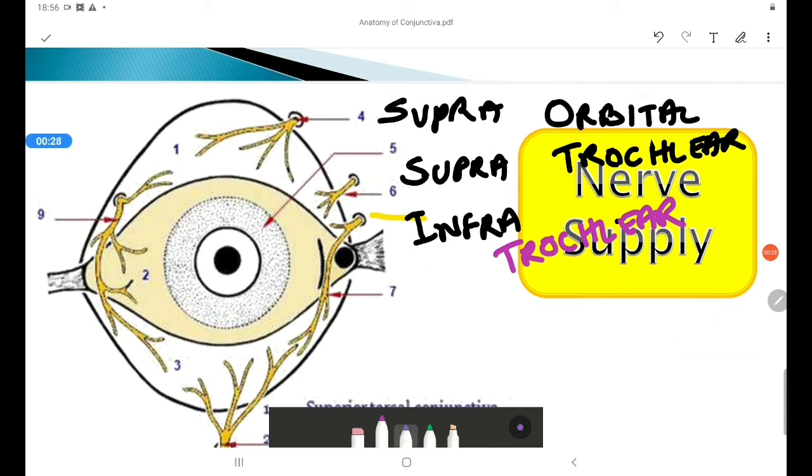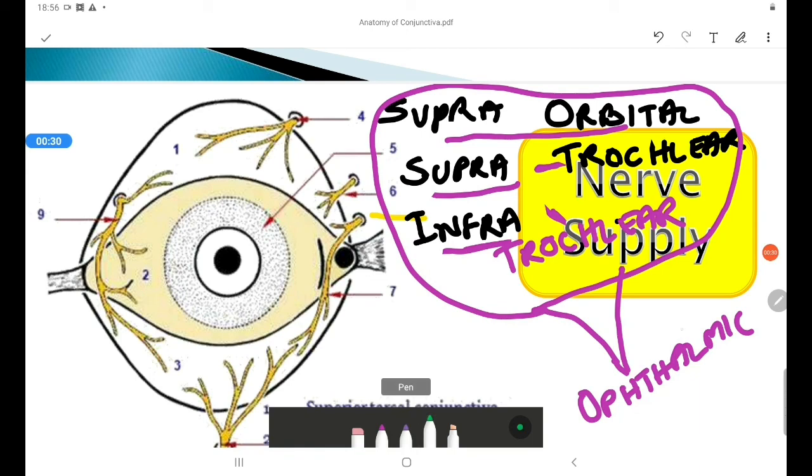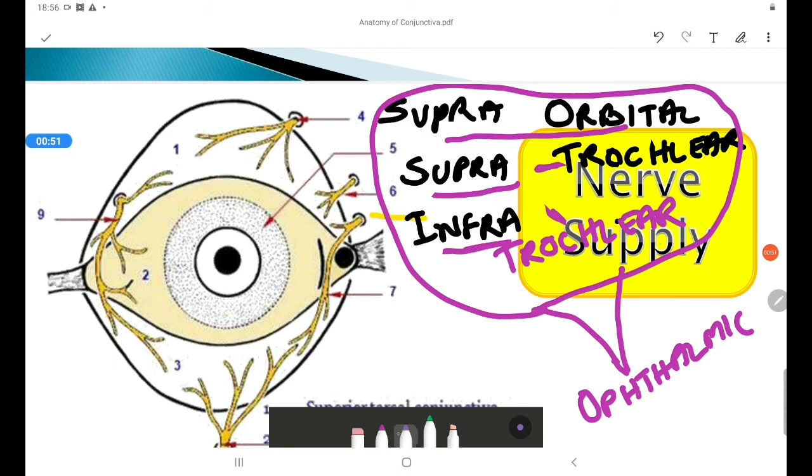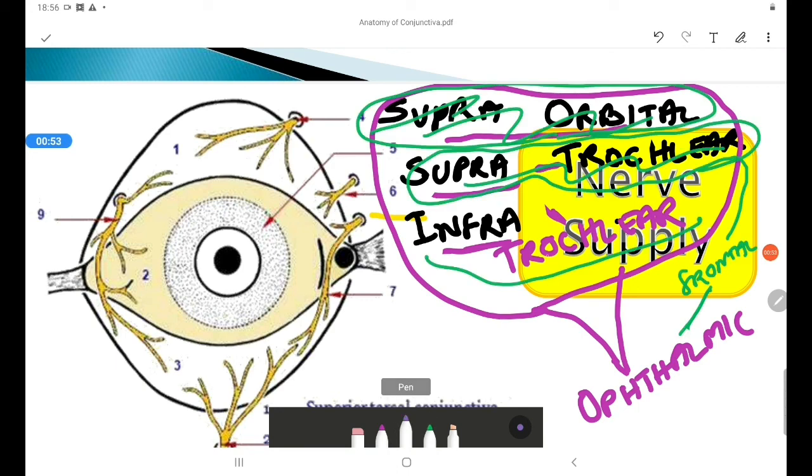Now, to be a little more precise, the ophthalmic nerve gives rise to the frontal nerve. The frontal nerve is the one that gives rise to the supratrochlear and supraorbital, whereas the infratrochlear is actually a direct branch of the ophthalmic nerve.